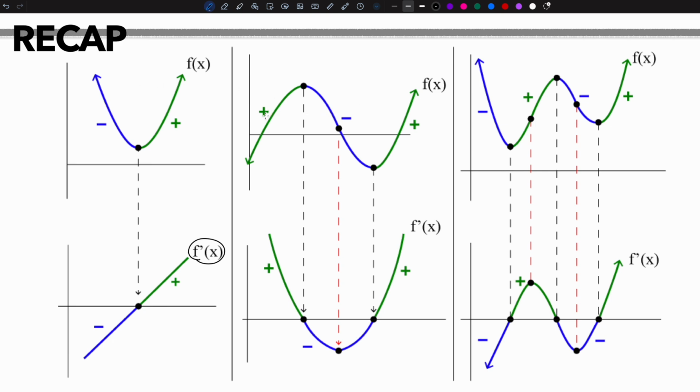Conversely, same thing happens. If it's increasing, decreasing, increasing, the first derivative had positive numbers, and then negative numbers, and then positive numbers. Every time it turns from decreasing to increasing or vice versa is where it's going to cross the x-axis.